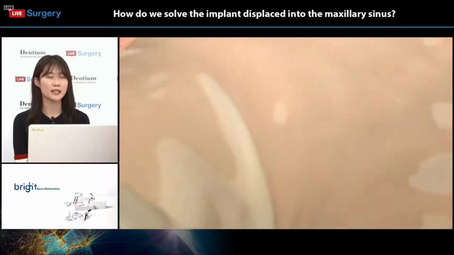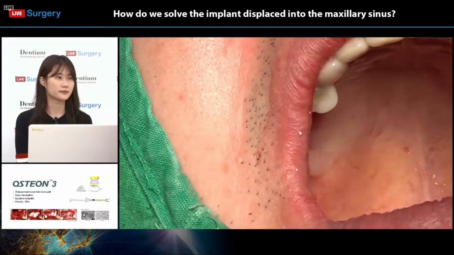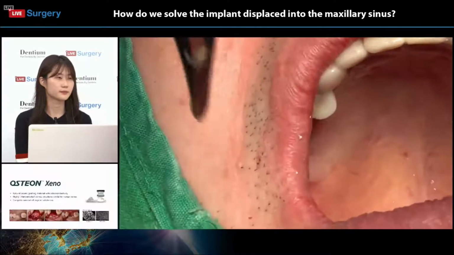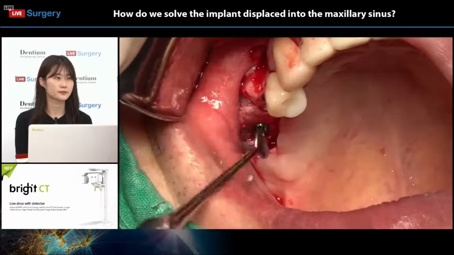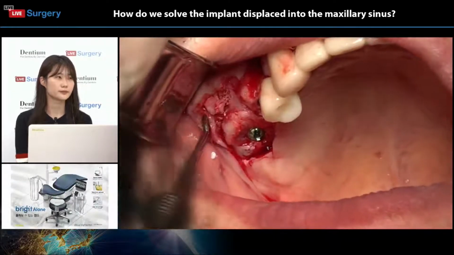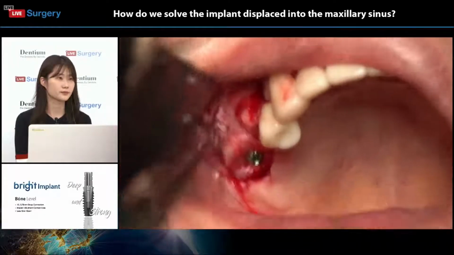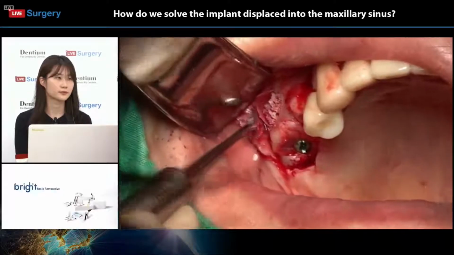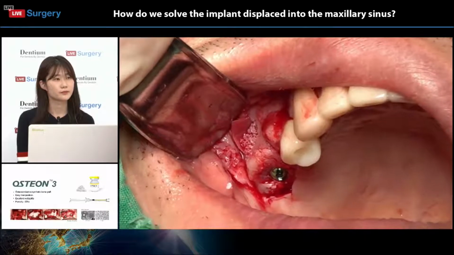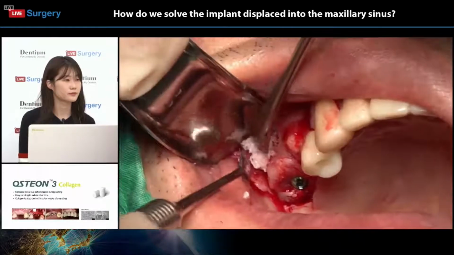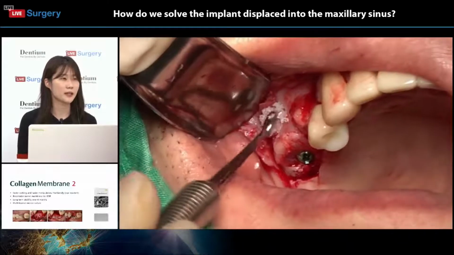The main reason for its high stability is the double and sharp thread. Additional bone particles are being grafted.